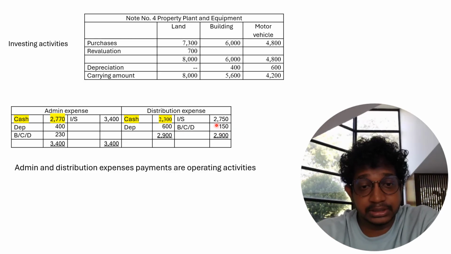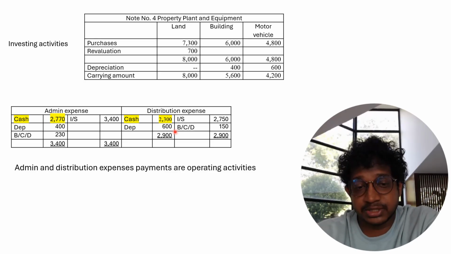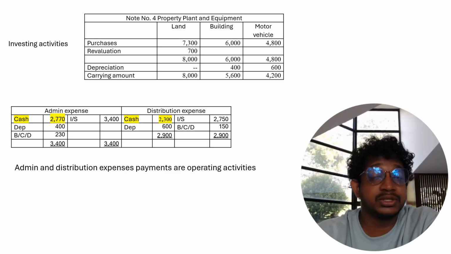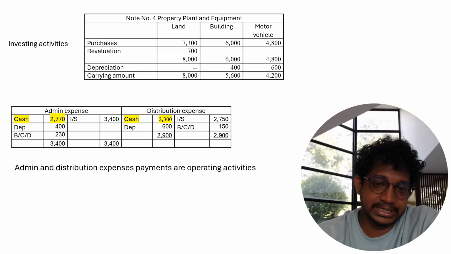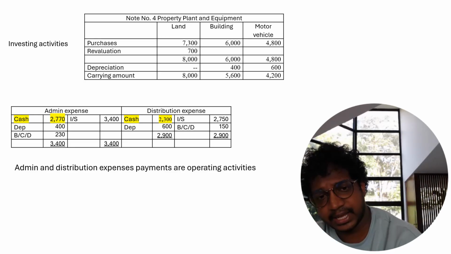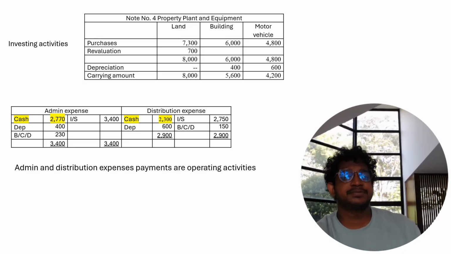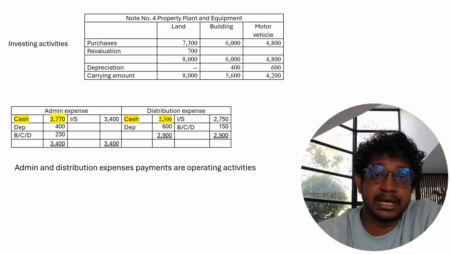And the total distribution expense for the year is 2,750. From both together, there is a depreciation 600 not on cash flow, so you have to subtract that. Then you can find out the amount that you paid for the distribution expenses in cash, 2,300. So both administration expenses paid in cash and distribution expenses paid in cash, you have to record under operating activities as cash outflows.